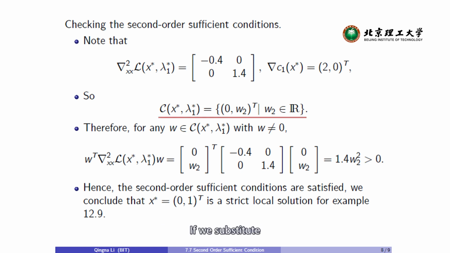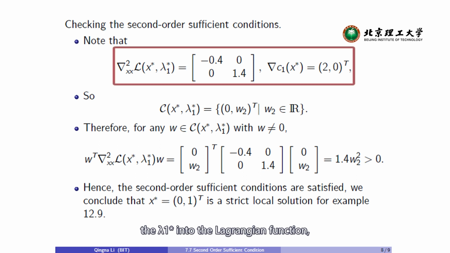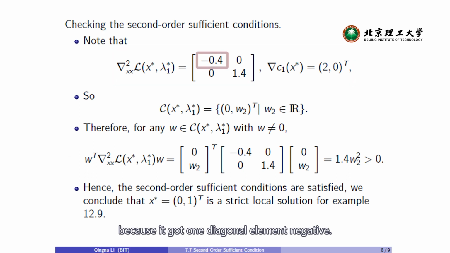If we substitute lambda 1 star into the Lagrange function, we get the formula for the Hessian matrix like this. You can see that this Hessian matrix is not positive definite, because it has one negative diagonal element.